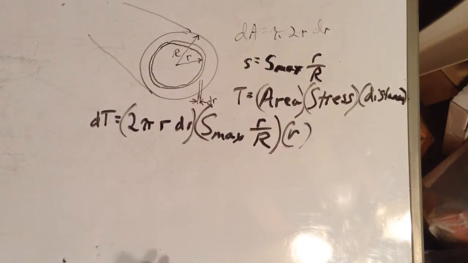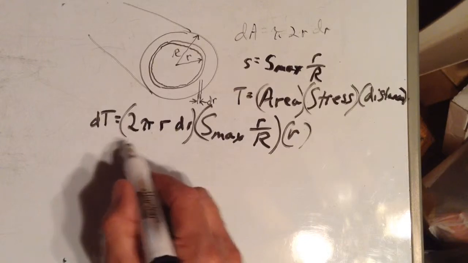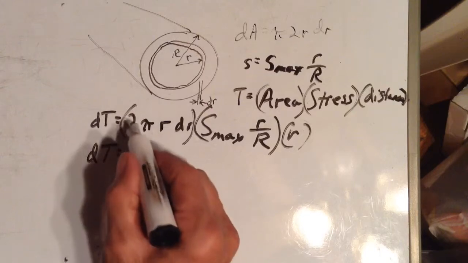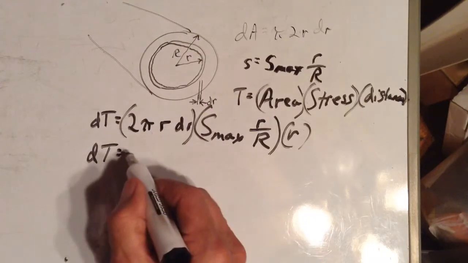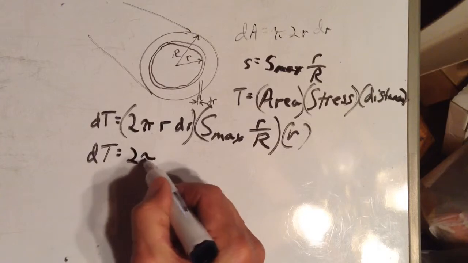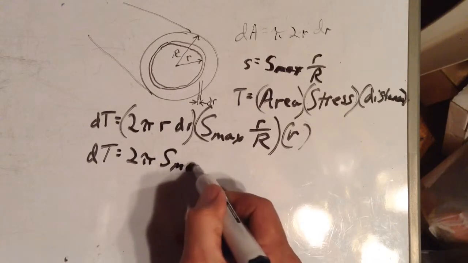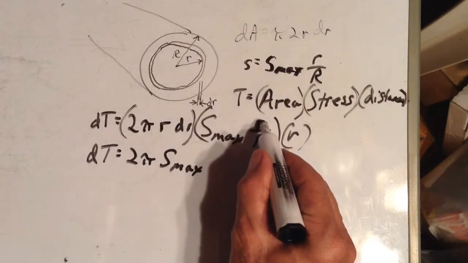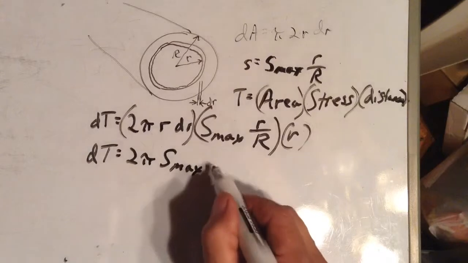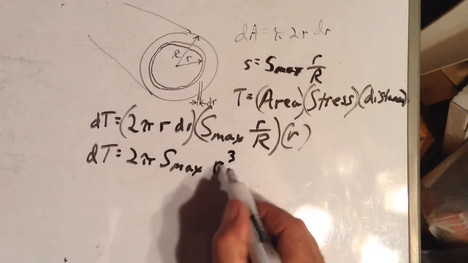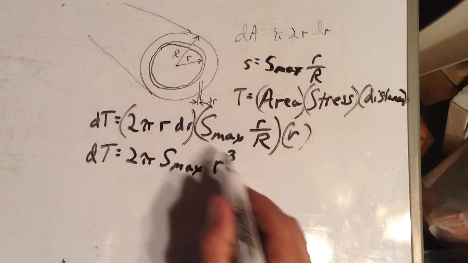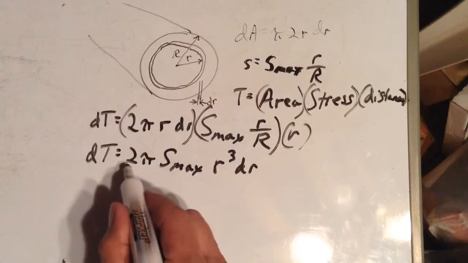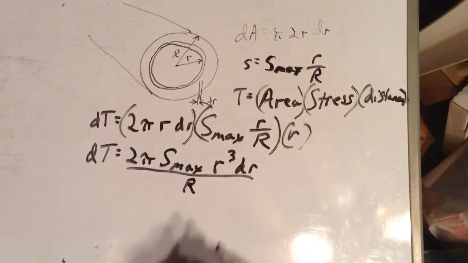So we now have, okay, let's move our constants over. We have 2 times pi times S max, there's a lowercase r, and there's another lowercase r, so we have lowercase r cubed, dr, and we have a capital R on the bottom, so let's put it down there.